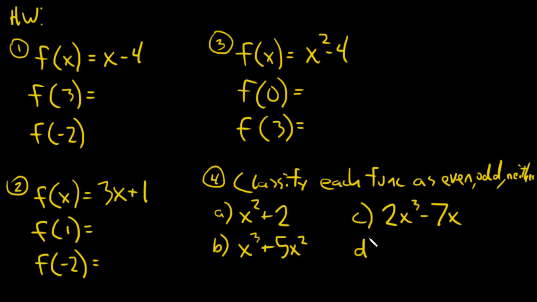And D is 9x to the 4th plus 3. And let's go ahead and star 2, 3, and 4. Those are the ones that will be graded at the beginning of the next lecture.